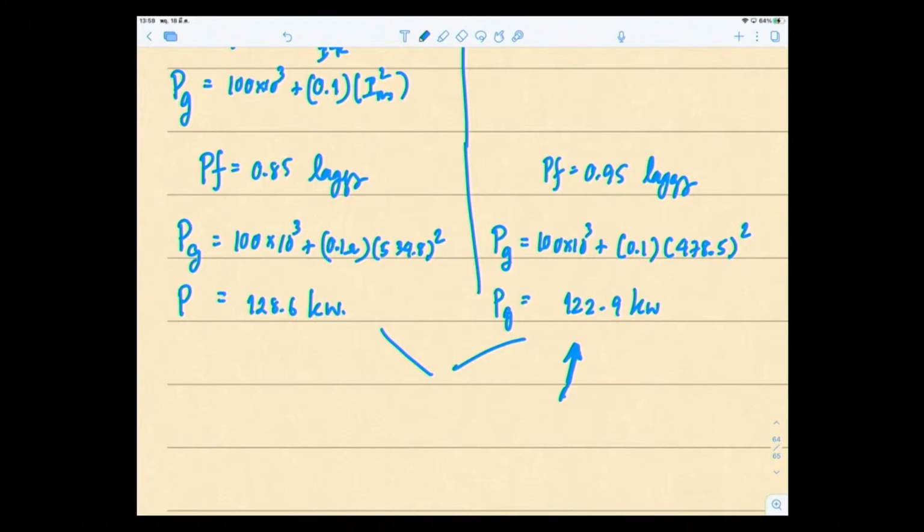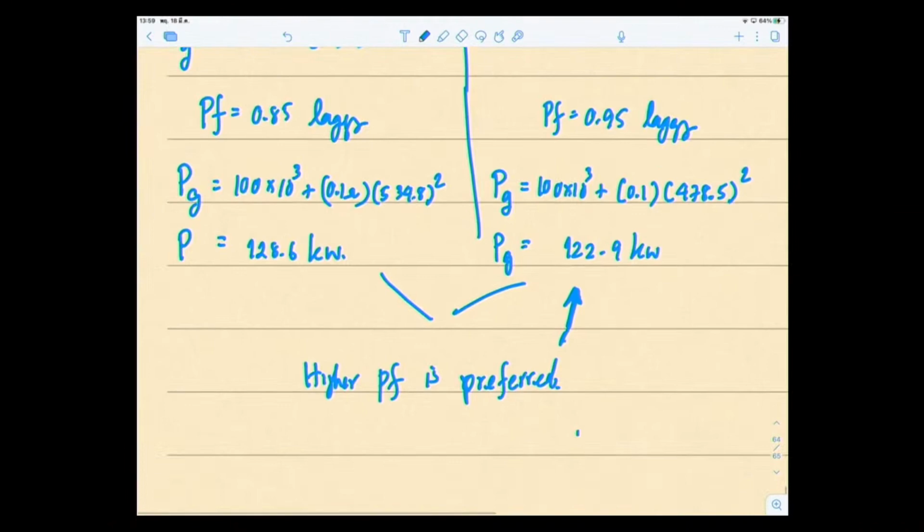Therefore, the company has the job to correct the PF to a point where they do not get fined. So therefore, we need a method to correct the power factor. Higher PF is preferred.